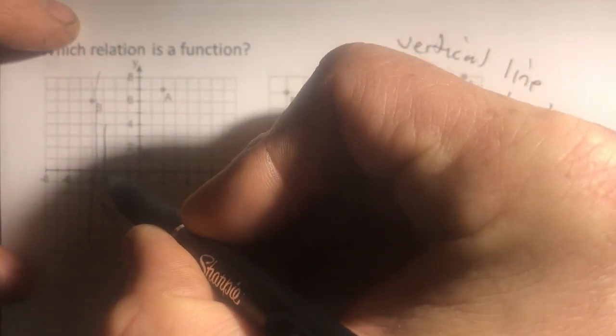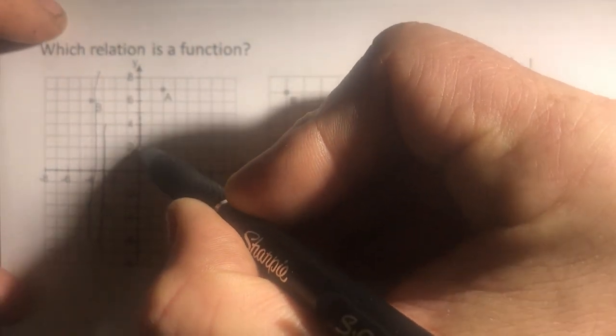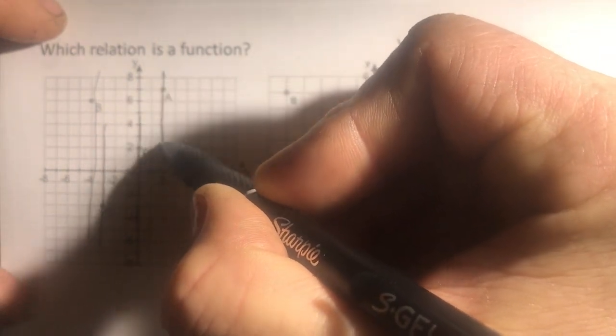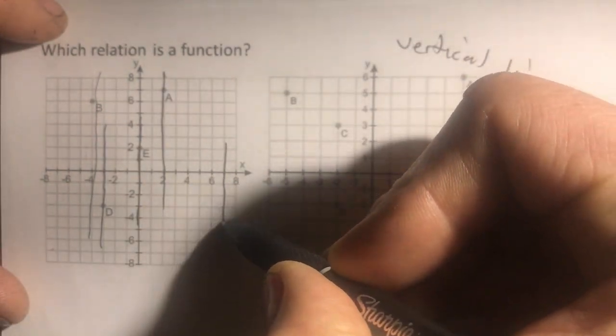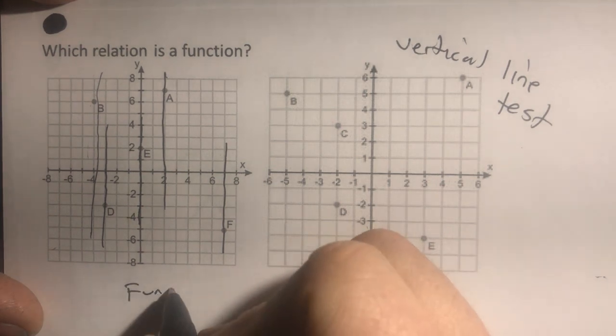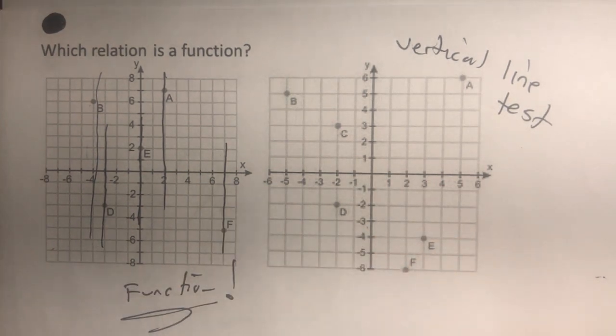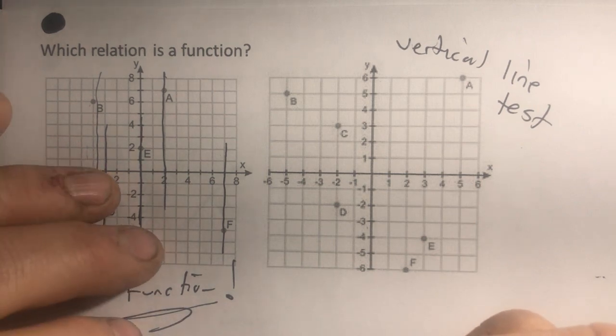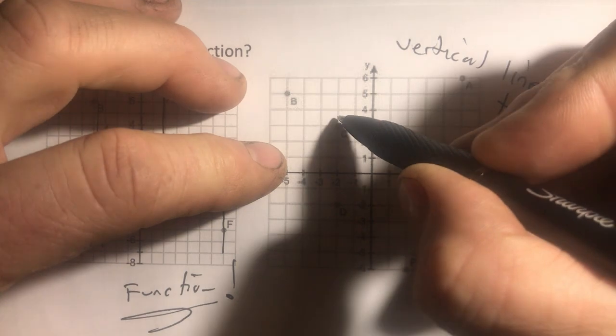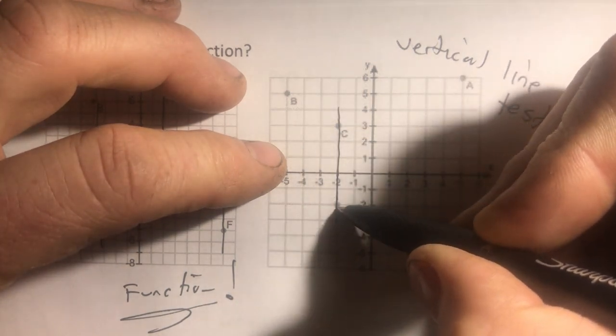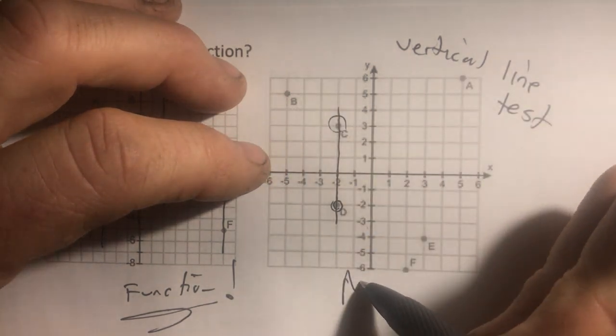If I draw a vertical line here, there, there, and there, this one's a function. Because every vertical line I draw, I will only hit 1 point. Now this one here, I can tell right off it's not, because see right there, if I draw a vertical line, I hit both of those. That's not.